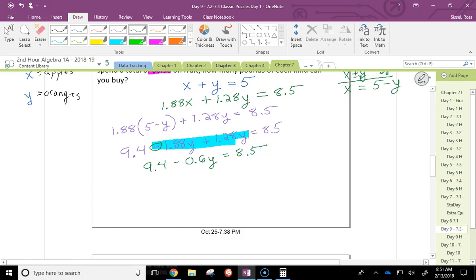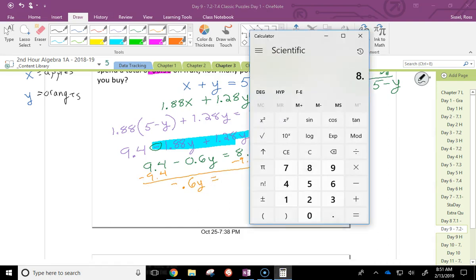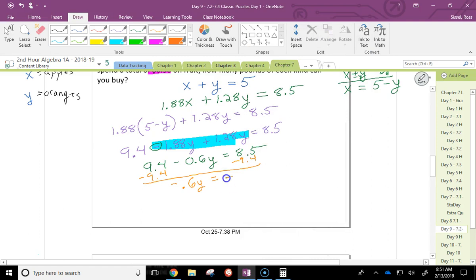You subtract the 9.4. Good, we're going to have to subtract the 9.4. Negative 0.6y equals 8.5 minus 9.4, which is negative 0.9. Okay?